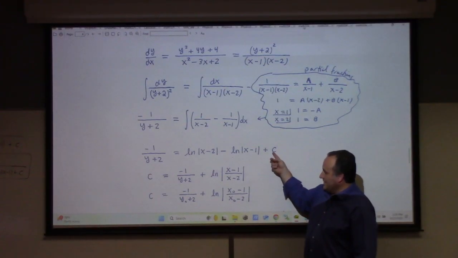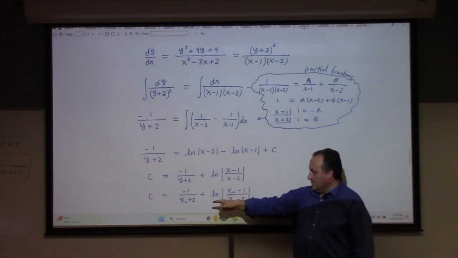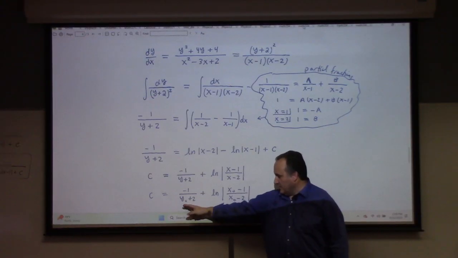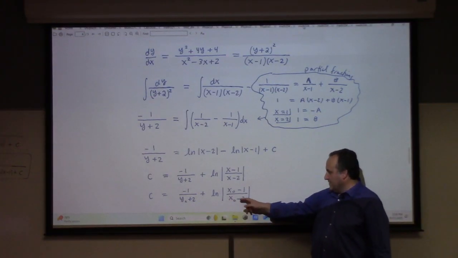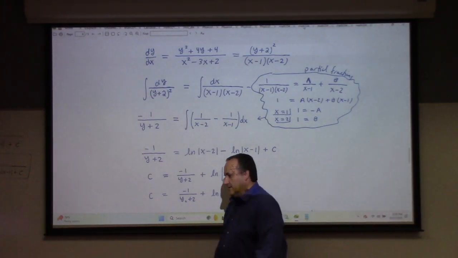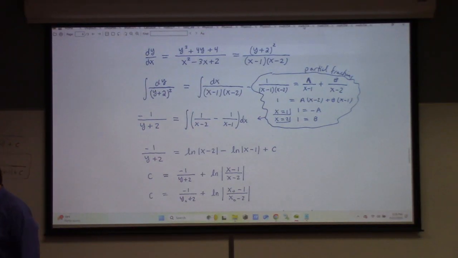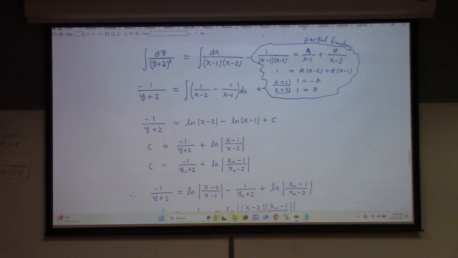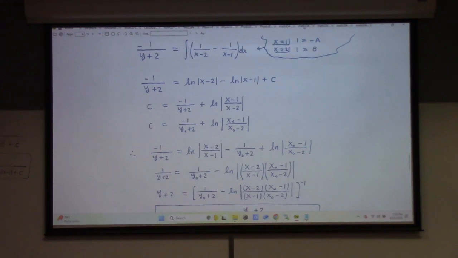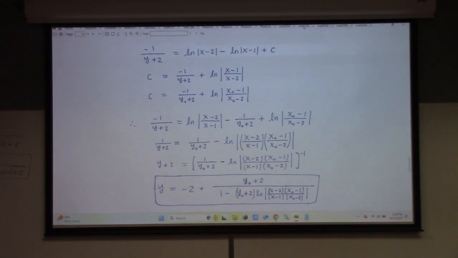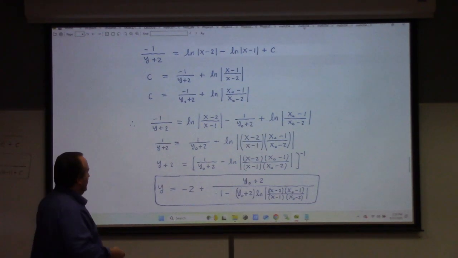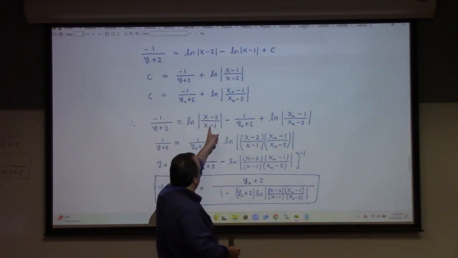I mean, I solved for C, right? And I said, well, C has to be whatever it takes to get minus 1 over y naught plus 2 plus the natural log of x naught minus 2, this, right? And then what I did past that point is what is known as algebra. And so if you look at what I did, I just put in that constant here.